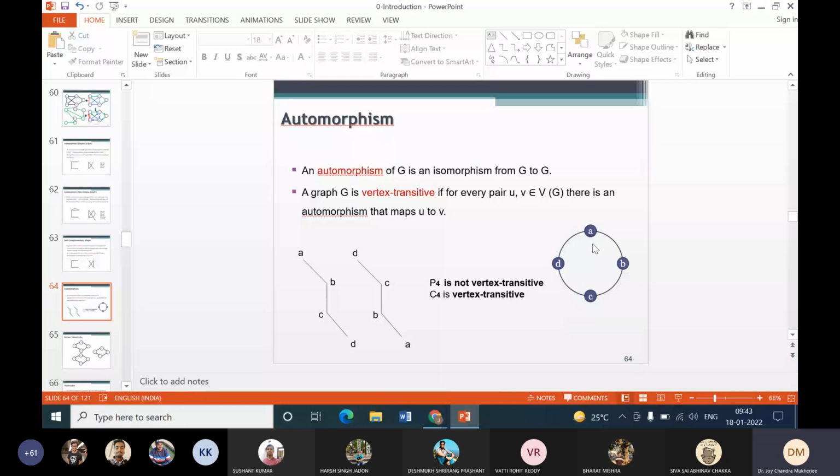If A is mapped to C, in that case B will map to D, C will map to A, and D will map to B. Okay. So every pair of vertices can be mapped to each other in two different graphs. So that is called vertex transitive. So C4 is a vertex transitive graph. It is not only C4, any Cn is a vertex transitive graph.